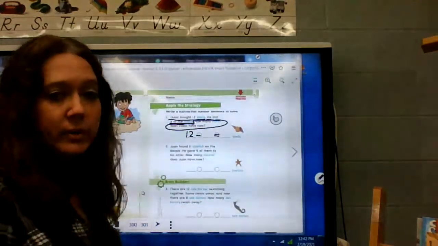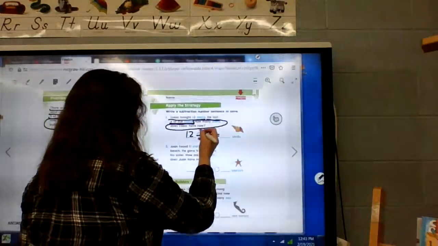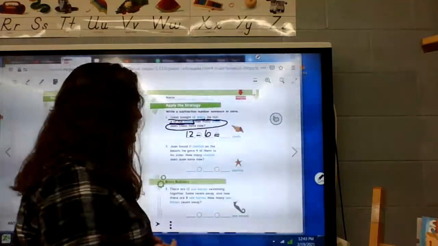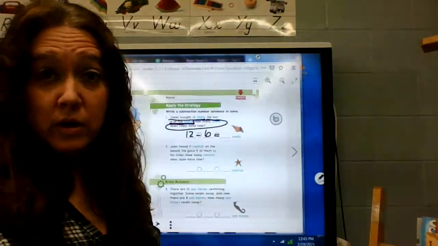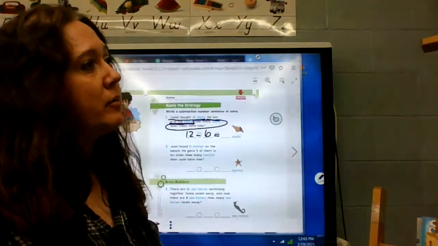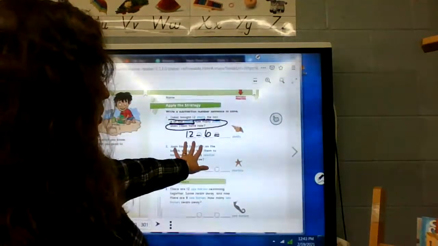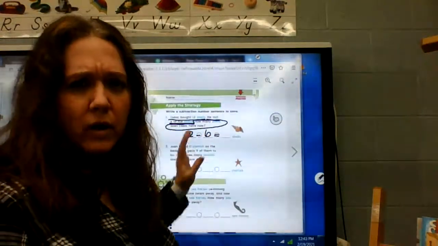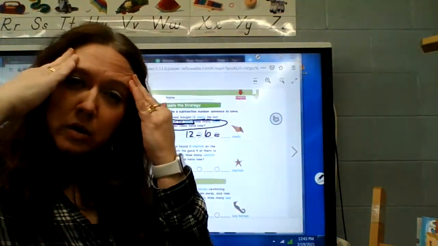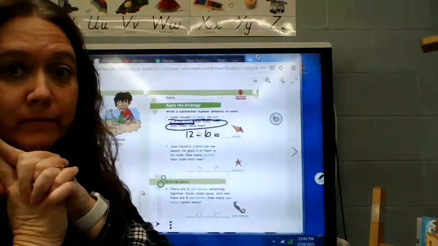And how many did he lose? He lost 6. Okay. So, this kind of reminds me of a double. So we could think of our doubles to help us figure out the answer. Don't 6 and 12 kind of make you think of a double? I hope so, because we talked about that a lot.